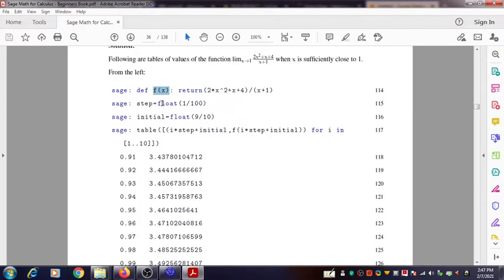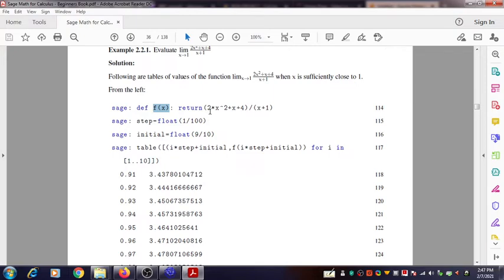But after that you can see return, and that's a keyword. That part you cannot change. After return you can see the function used. The function is 2x square plus 4, so return 2 star x. So that is 2 into x square, which is written here in the form 2 star x cap 2, using the binary operations star and cap.